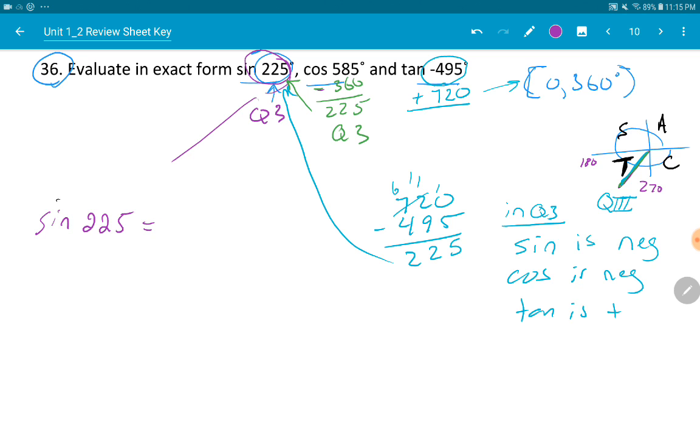is equal to, so we know it's going to be a negative number, so I'm going to put a negative right there, but I don't know what it is yet. So to find the value, I need to look at the reference angle of 225. So to get that reference angle, in the quadrant 3, we take the angle minus 180 degrees will give me the reference angle.